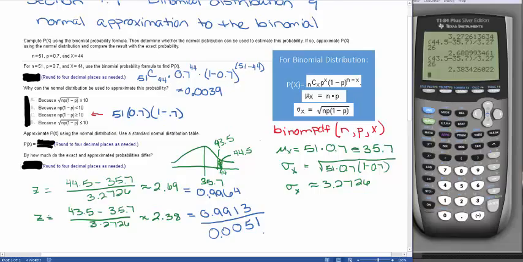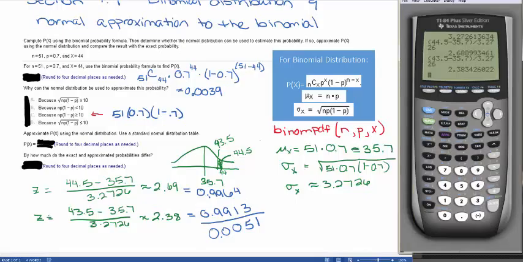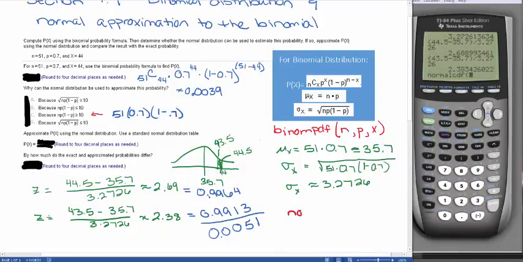Or if we want to figure this out using our calculator, we can do that as well. We were trying to use our normal distribution to find the area between 43.5 and 44.5. If you remember, or if you don't, I'll tell you real quick. We go to our distribution, second vars, and our normal CDF. That's our cumulative distribution. For the normal CDF, we're going to list four things: our lower bound, our upper bound, our mean, and our standard deviation.